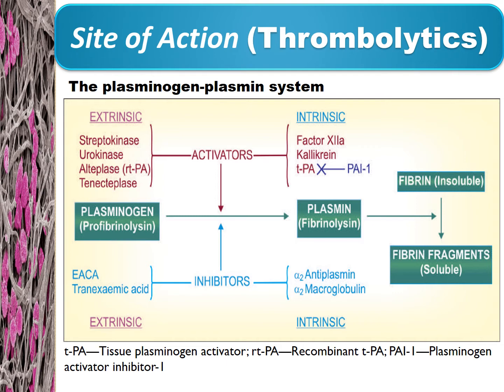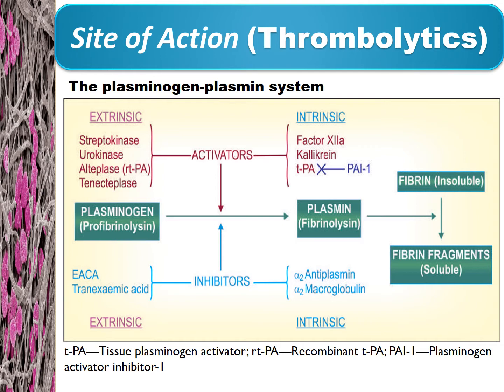And then, the hemostatic plug of platelets formed at the site of injury of a blood vessel is reinforced by fibrin deposition to form a thrombus. Once repair is over, the fibrinolytic system is activated to remove the fibrin.